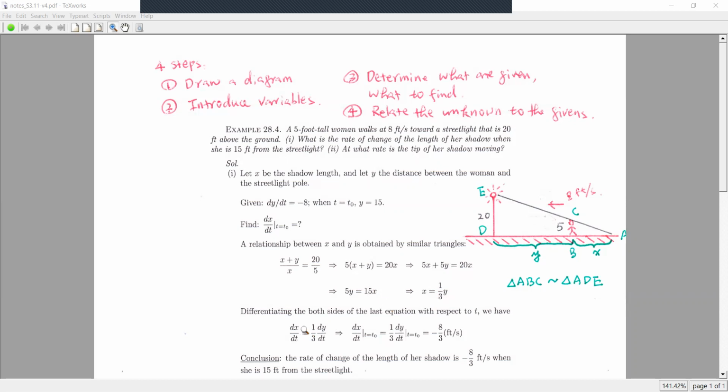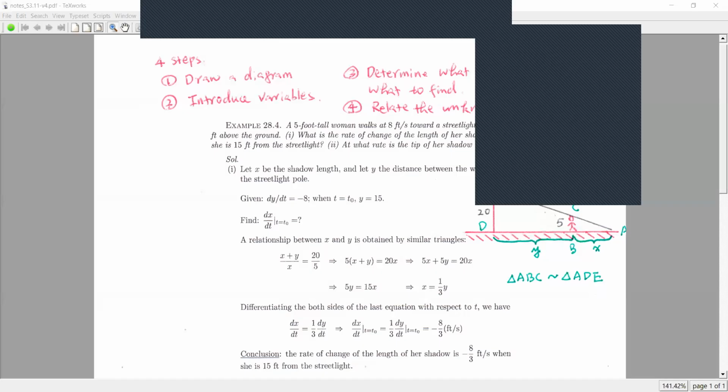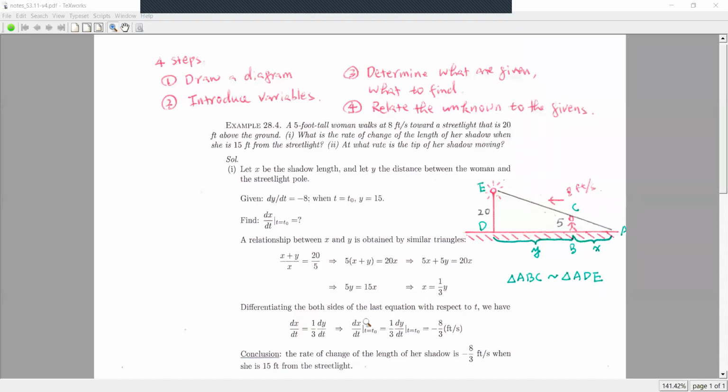Then I have this equation. Now, evaluate the derivatives at the time T0. dy/dt is negative a. Negative a is the walking velocity of the woman. The woman is walking at a constant velocity.